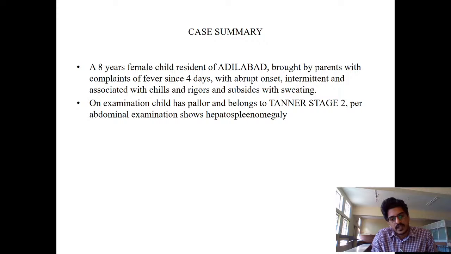If any examiner asks you to show the spleen examination, don't go directly and palpate for the spleen from the right iliac fossa to the left hypochondrium. Before that, talk with the patient, or if it's a child, talk with the mother and make her feel comfortable, tell her what you are doing, and help the patient get into the position in which you want to examine.